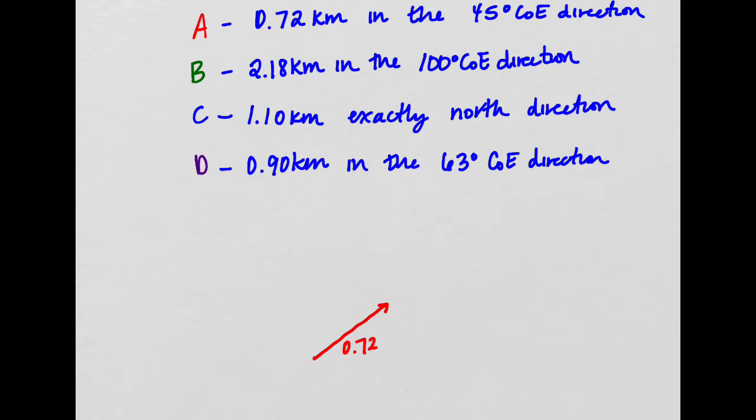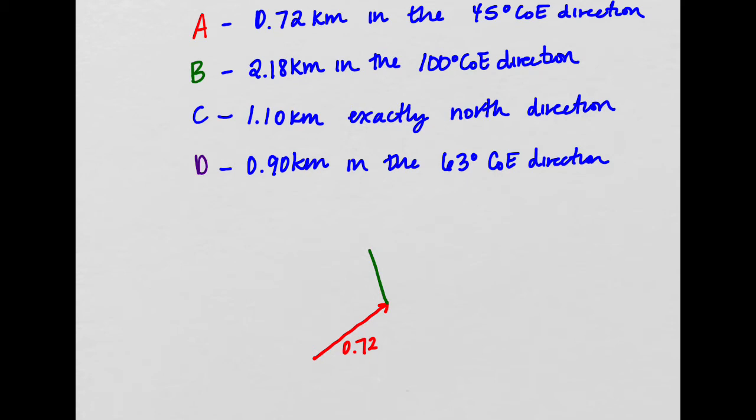Now we'll do B. For B, we're going in the 100 degrees counterclockwise of east direction, which, since this is 90, is just a little bit to the left here. And that's going to be quite a bit longer, so we're going to make that a longer vector.